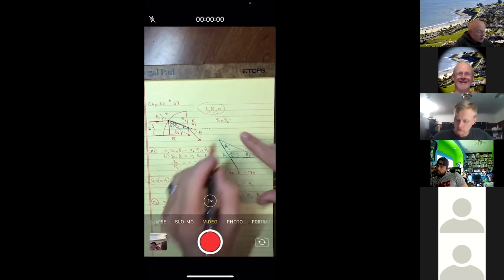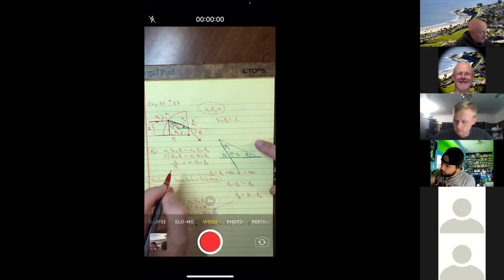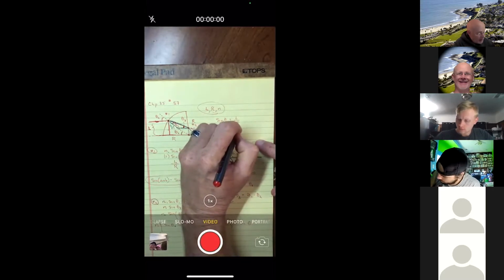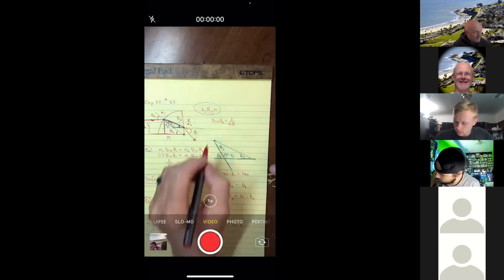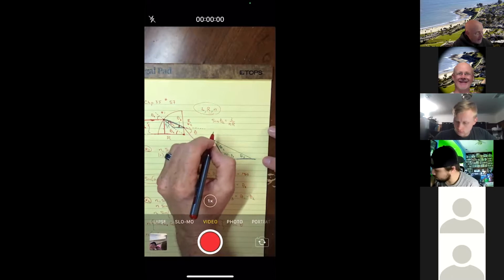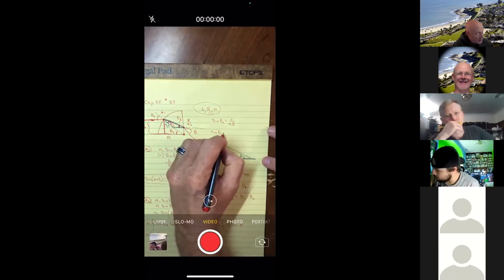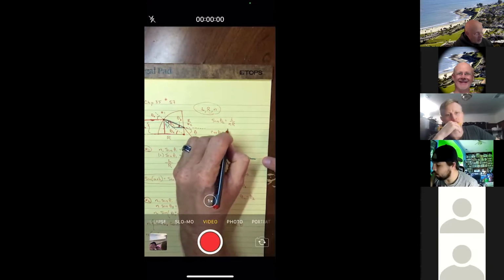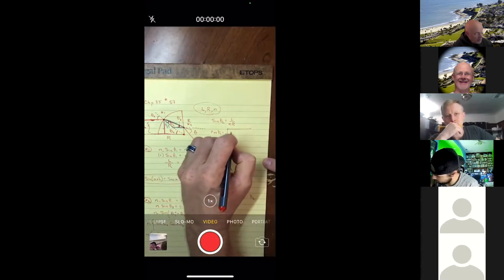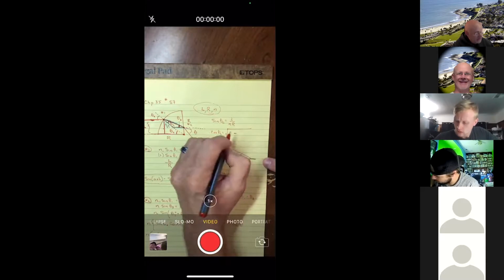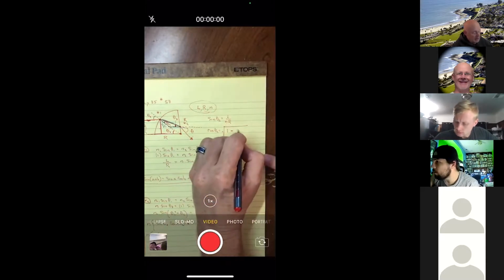Sine of theta 2 would be L over NR, and cosine of theta 2 would be the square root of 1 minus sine squared.